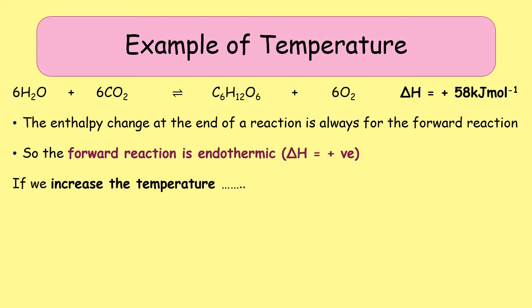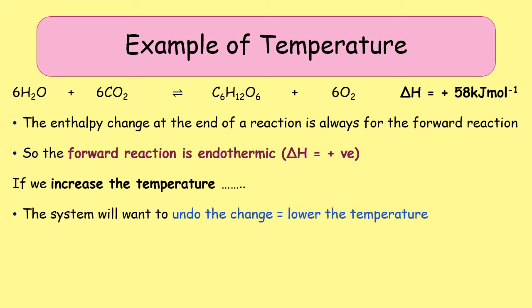So the question is, if we increase the temperature, what's going to happen? Remember, think about what we did, what needs to be undone, and how that will happen. If we increase the temperature, what needs to be undone is the increase in temperature. So the temperature needs to be decreased.